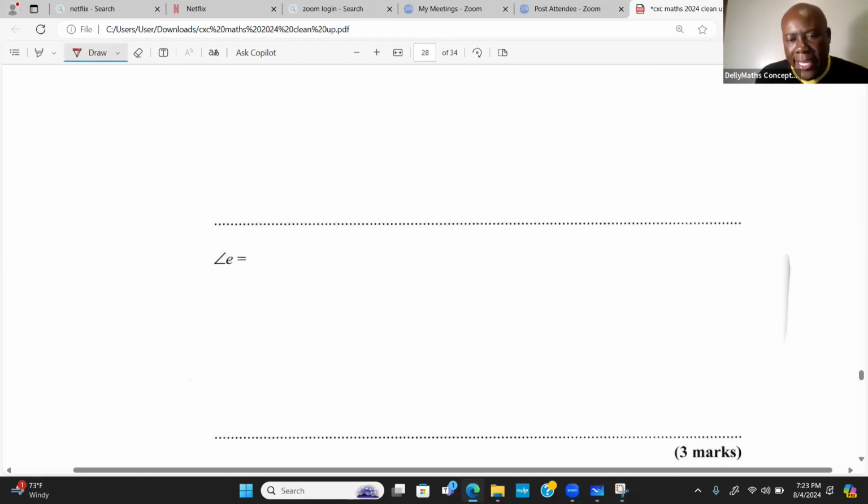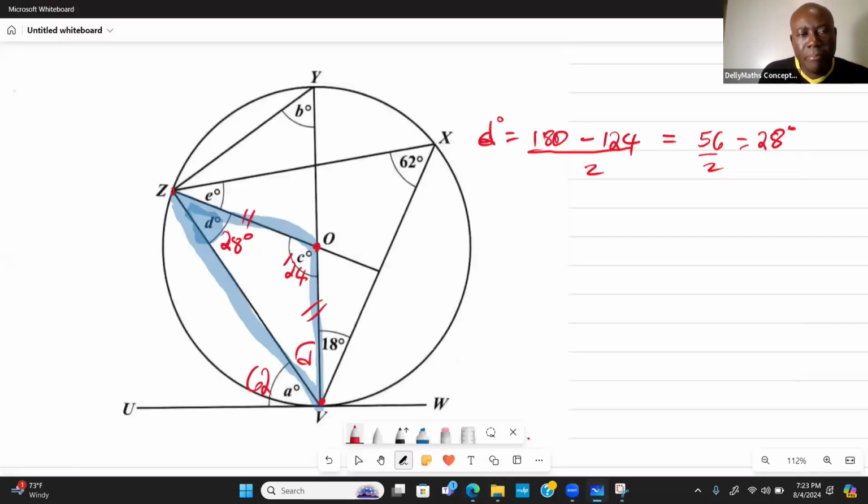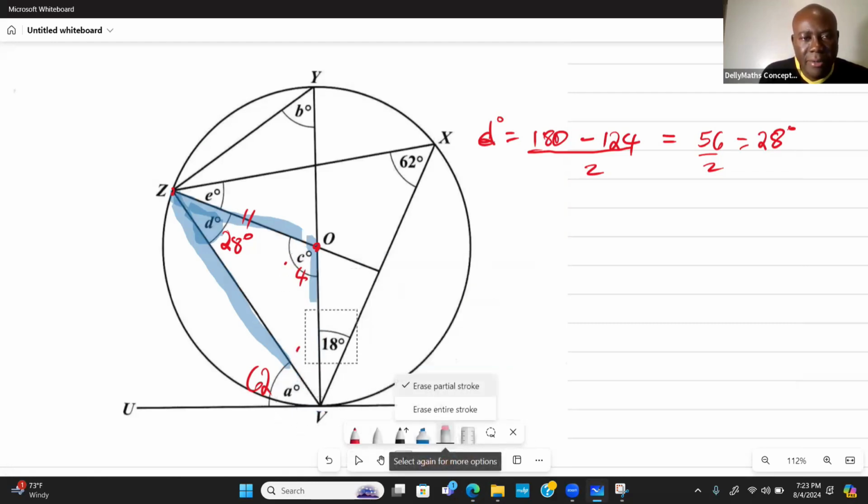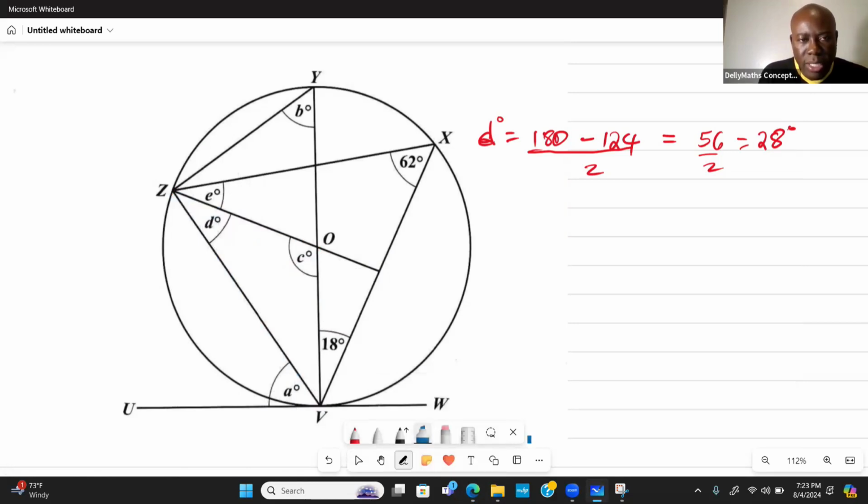We want to find E. So what I'm going to do again is focus on a particular triangle here. Let me just clear off some unnecessary things so we could zoom in on the triangle that we want. I'm going to focus on this triangle, where we were told earlier that VY is the diameter of the circle.